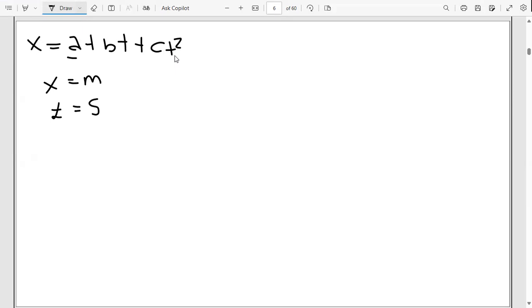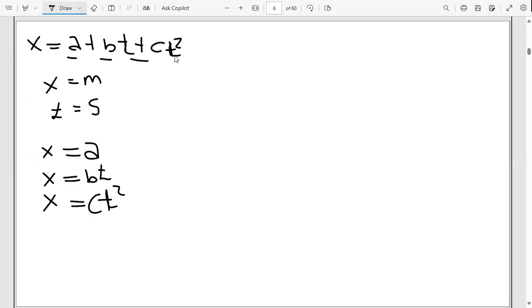So since we have 3 terms on the right hand side, a, bt, and ct squared, how are we going to relate these terms to the left hand side, which is x? We're going to say x should be equal to a, x should be equal to bt, and x should be equal to ct squared, like this. That's how our equation should be.